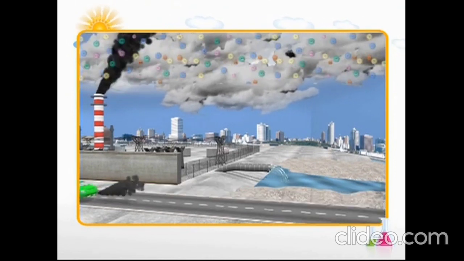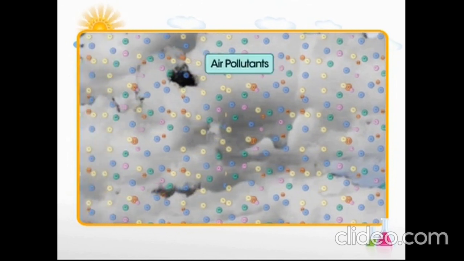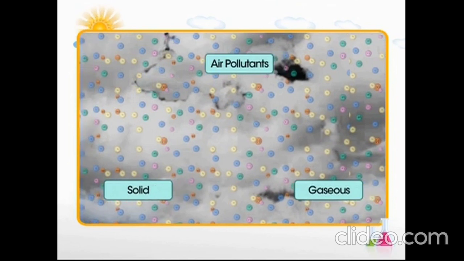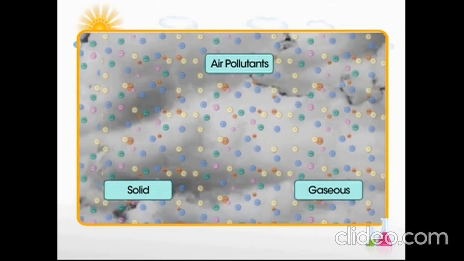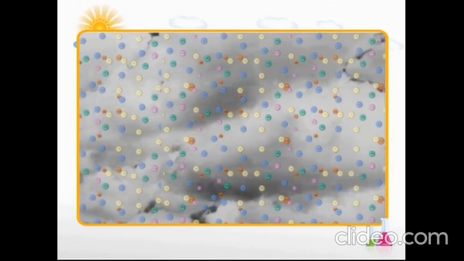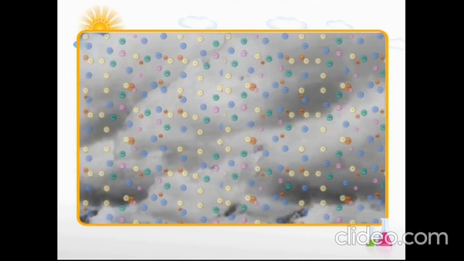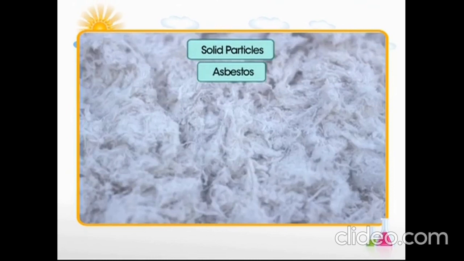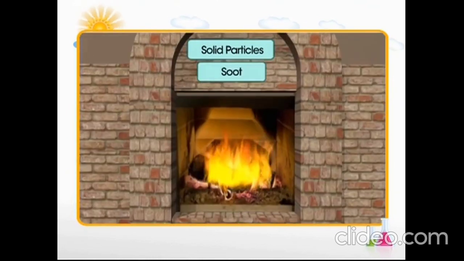The toxic substances which pollute or contaminate the air are called pollutants. Air pollutants could be solid, suspended particles or gaseous in nature. The solid pollutants include suspended particulate matter such as dust, smoke, asbestos, carbon, soap particles and metallic particles like lead.